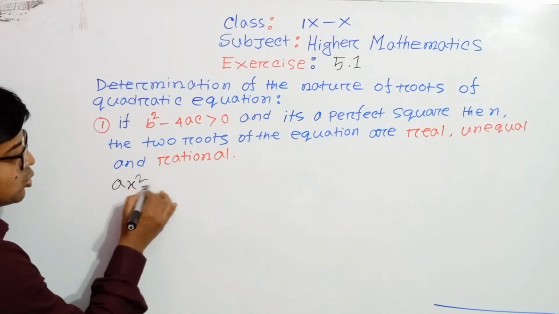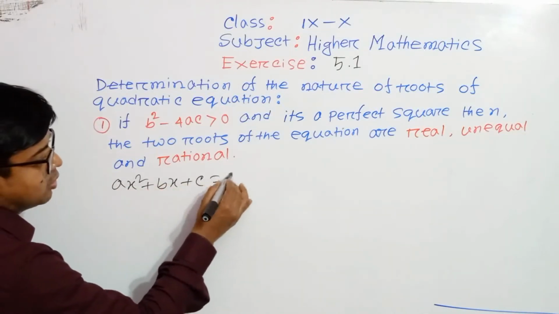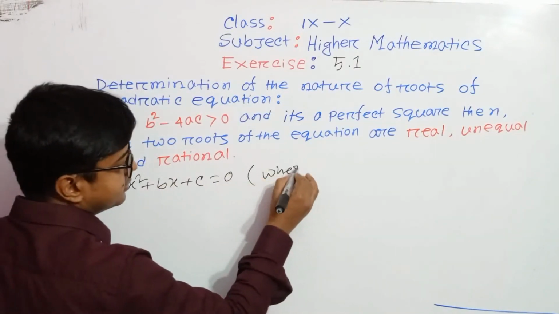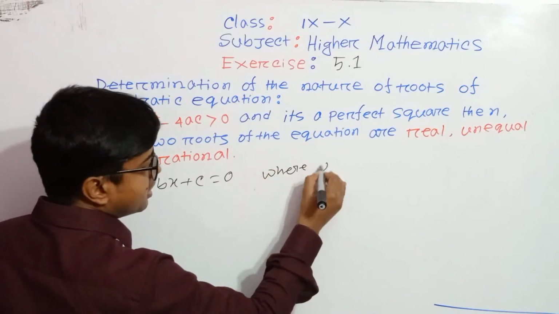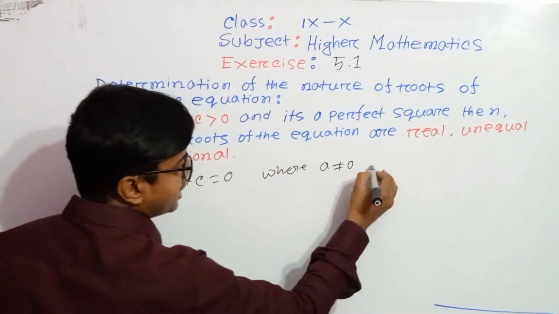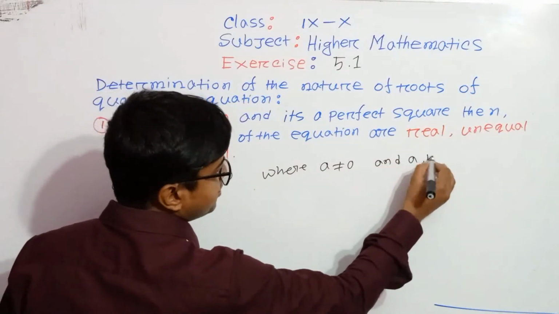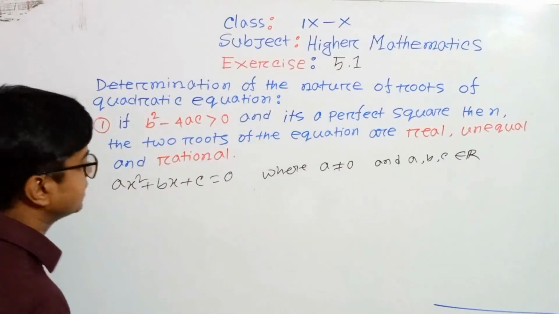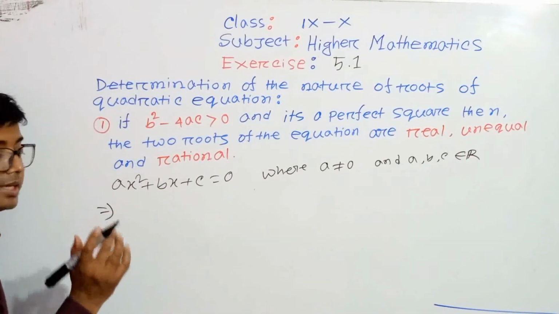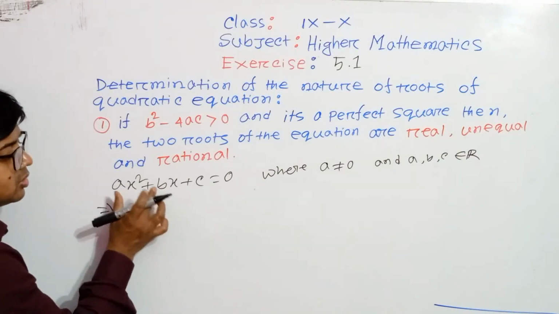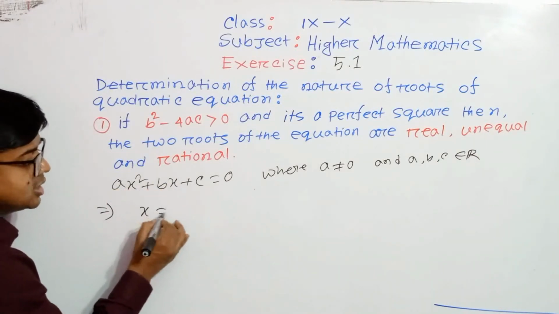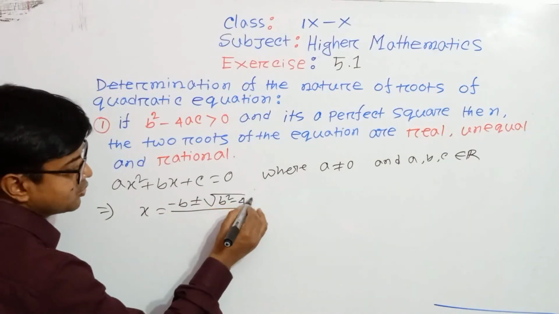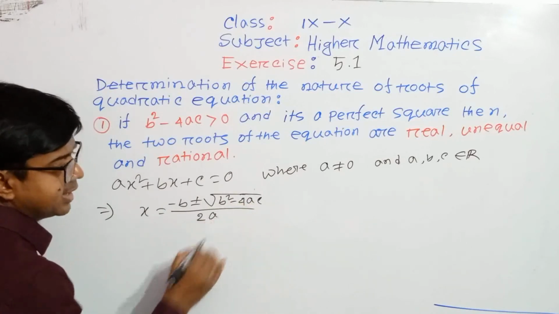Here ax squared plus bx plus c equals 0 is a quadratic equation, where a is not equal to 0 and a, b, c are real numbers. So already we know that the roots of this equation are x equals minus b plus minus root over b squared minus 4ac by twice a.